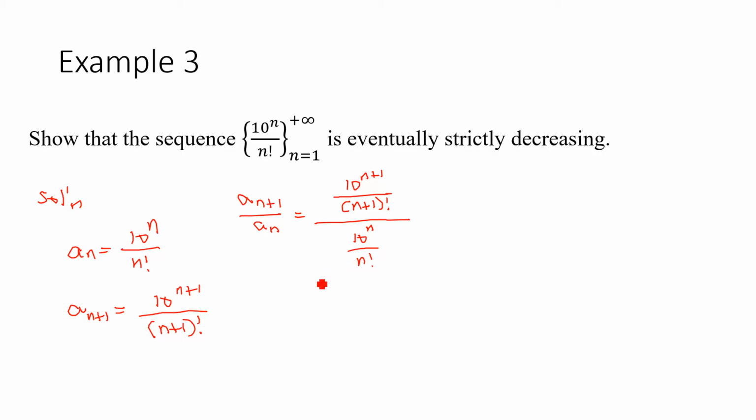So we can have the multiplication: 10 raised to n plus 1 over the quantity n plus 1 factorial, multiplied by n factorial over 10 raised to n.